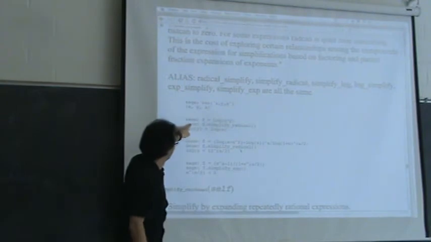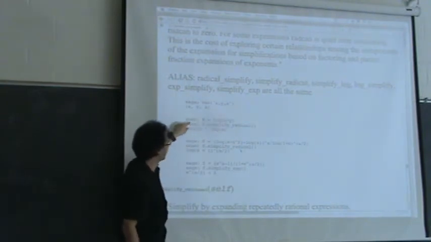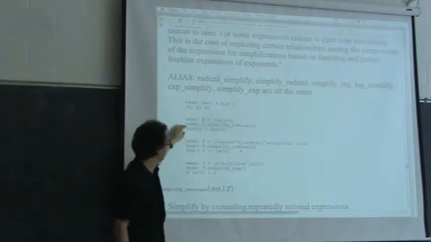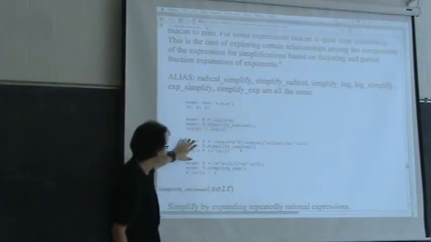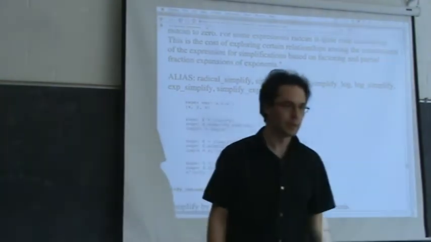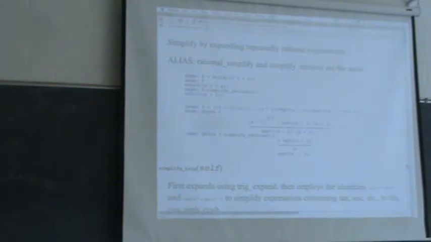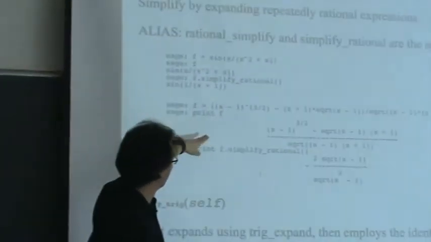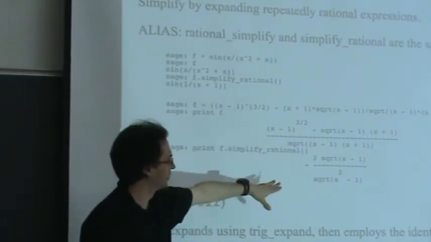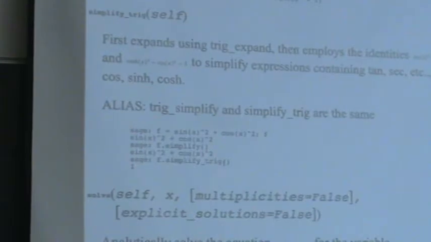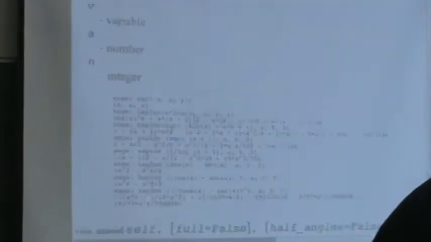For example, log of x times y, simplify radical. It turns logs of products into sums of logarithms, etc. So you can see the various sorts of things it does to functions. Here's another example where you have some function and you call simplify on it, and it gives you something simpler. So there's tons and tons of things.